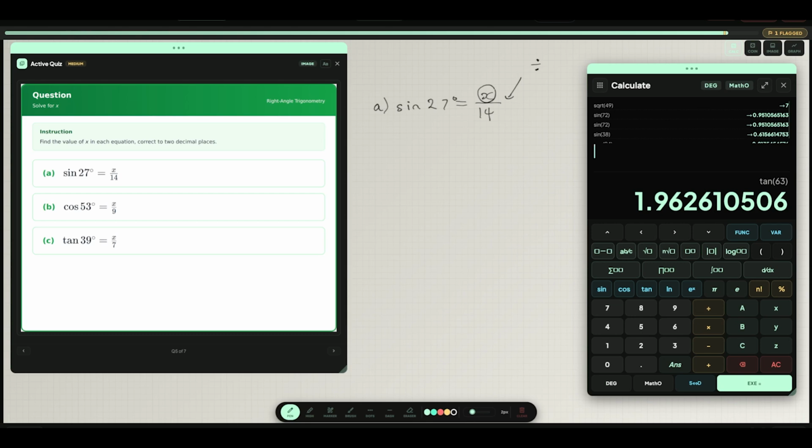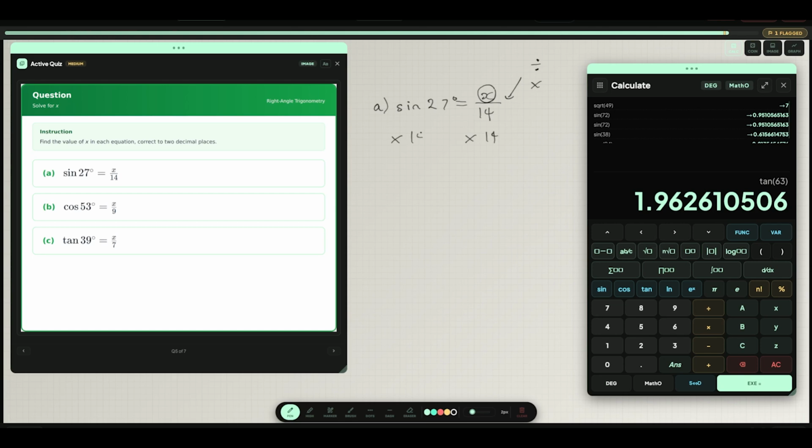And the way that we do that is we do the opposite process to both sides. So in this case, the opposite of divide is multiply. And we're going to multiply both sides of the equation to make sure that it stays the same. And that means we're going to multiply it by 14.